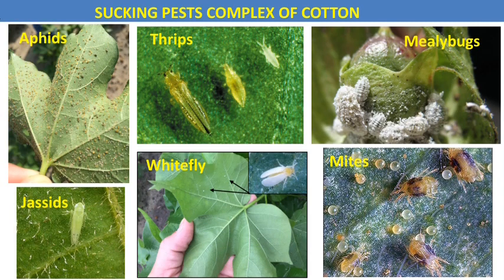The first group of insect pests that attack cotton is the sucking pest complex of cotton. In this complex, there are 6 major pests: aphids, thrips, mealybug, jassids, whitefly and mites. Why is it called a sucking pest?